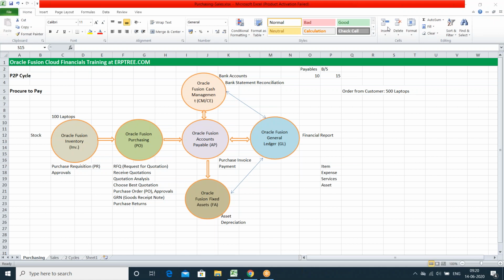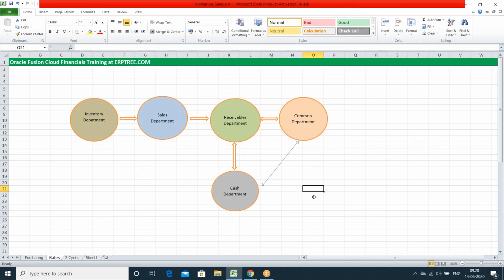Fine. No questions on this P2P cycle. Now we'll look into the sales process. Say the sales department received an order from the customer for 500 laptops.